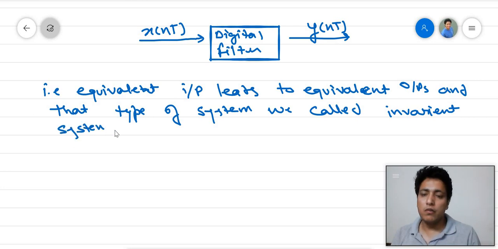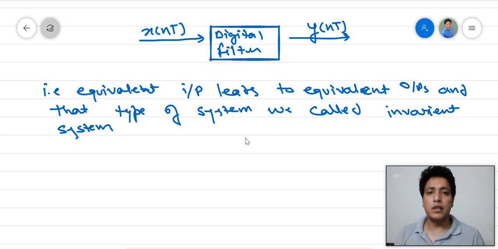We already knew one type of invariant system, the LTI system, linear time invariant system. In that case, the output should not change with respect to time, but in this case we are changing the system while applying the same input, and we want the output not to change with the change in the system.